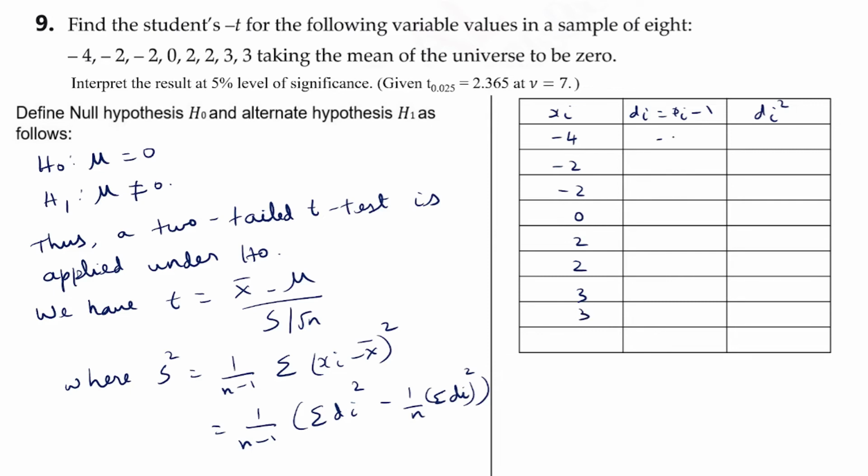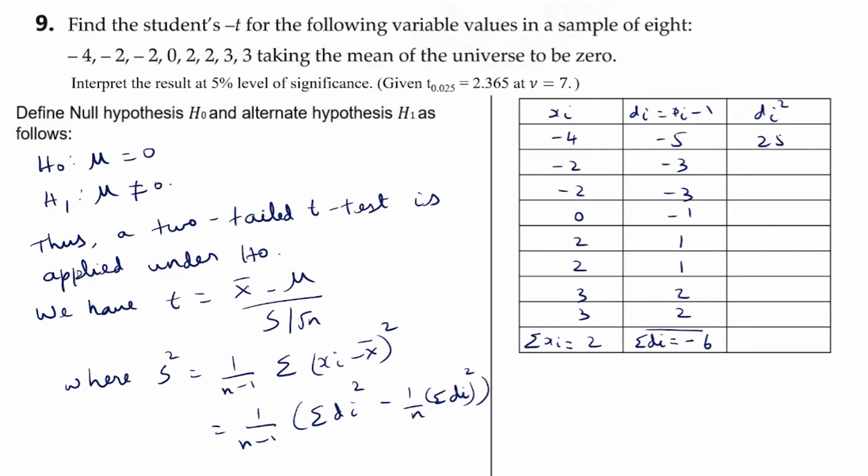So here minus 4 minus 1 is minus 5, minus 2 minus 1 is minus 3, minus 3, minus 1, 1, 1, 2, 2. So summation xi is equal to 2 and summation di is equal to negative 6.